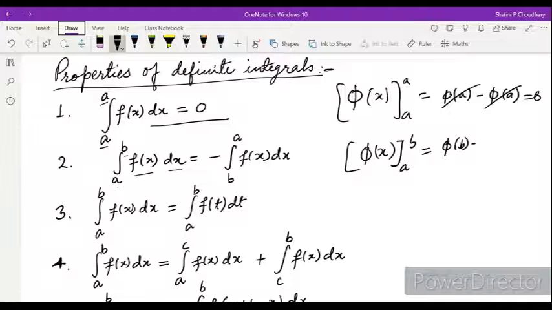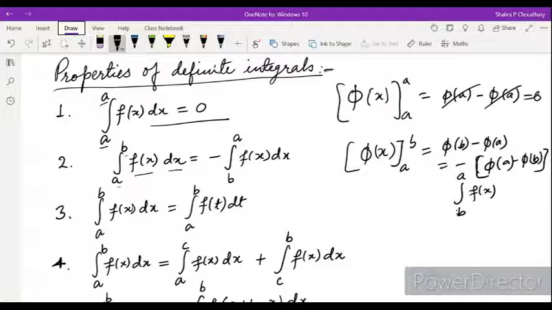Phi b minus phi a. Can we take minus common? If we take minus common, it means phi a minus phi b. And phi a minus phi b we get when the interval of f(x) is b to a. So that is the same as what we are getting here. Okay, so this was property number 2.